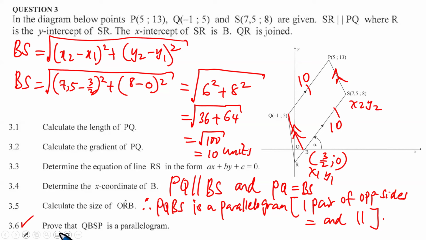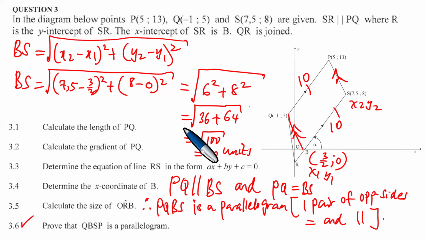There are many ways to prove this. Another way to prove this is to establish that at this point the diagonals bisect each other.